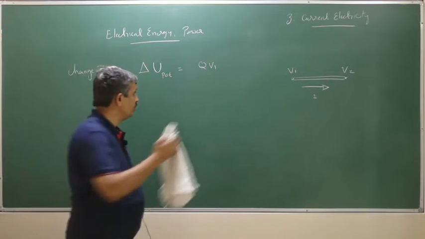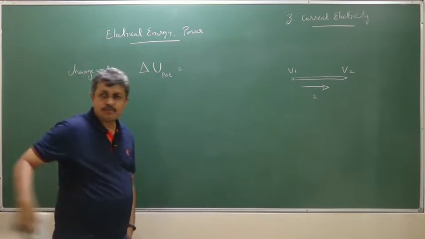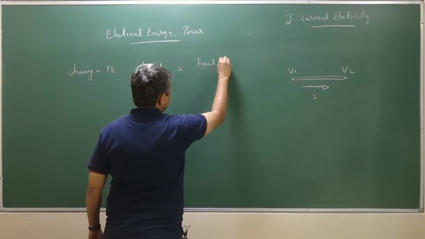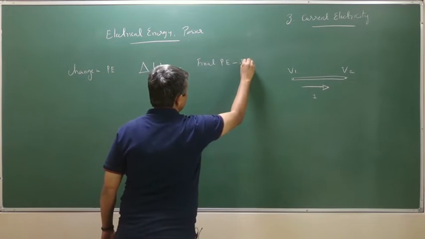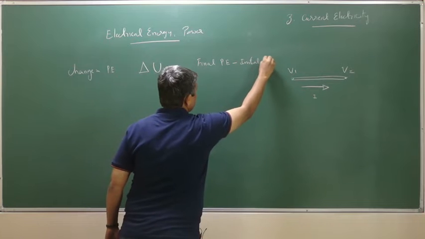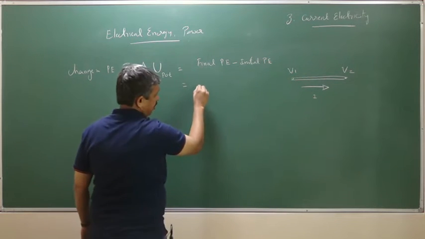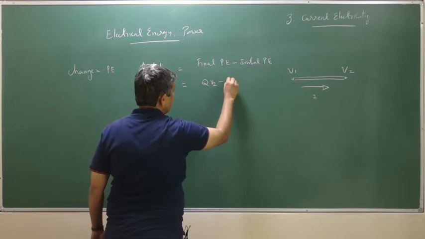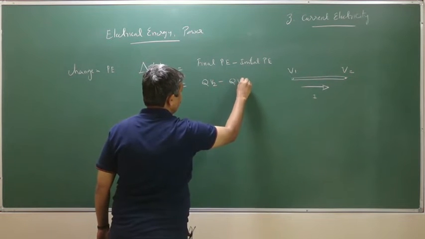So the change is final potential energy minus initial potential energy, which is Q into V2 minus Q into V1.